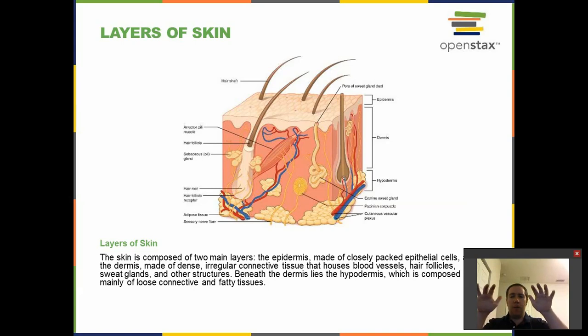As they go further up, they get further and further away from these blood vessels and they don't get the nutrients they need to survive. Because there's so little blood flow or nutrients in the epidermis, all of the other things associated with our skin, where the hair is made, the sweat glands, the corpuscles, they're all going to be down in the dermis.